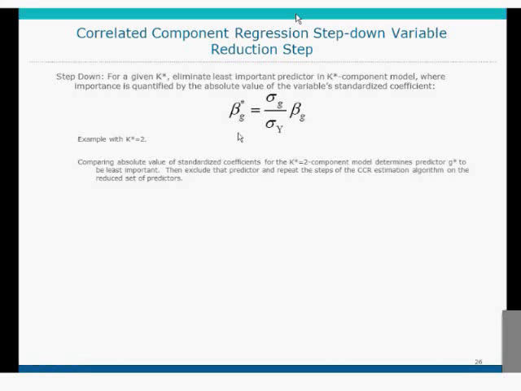So we get the regression coefficients based on those predictors, and we apply that to the omitted folds.